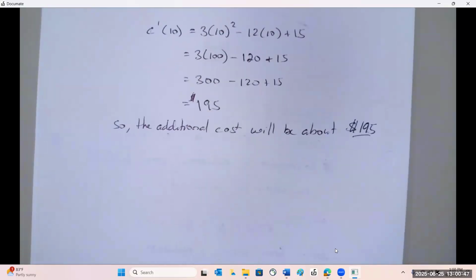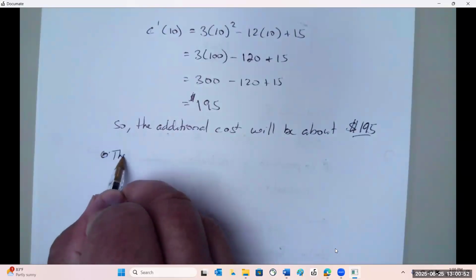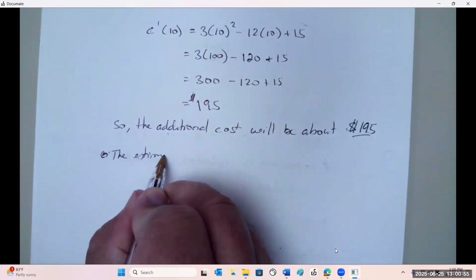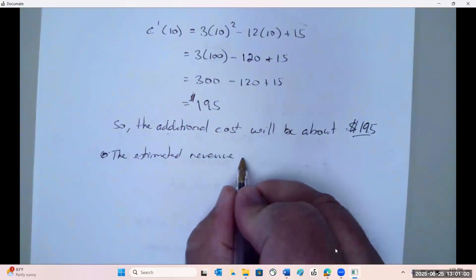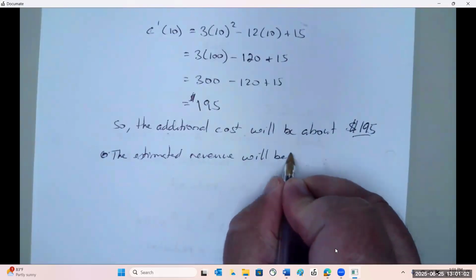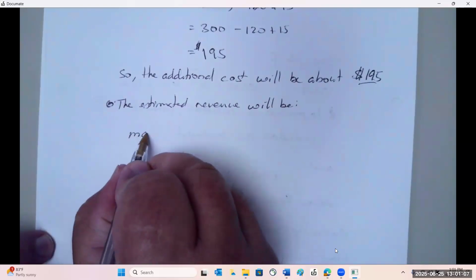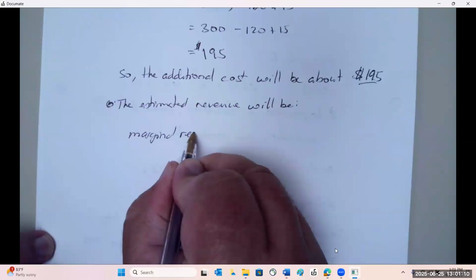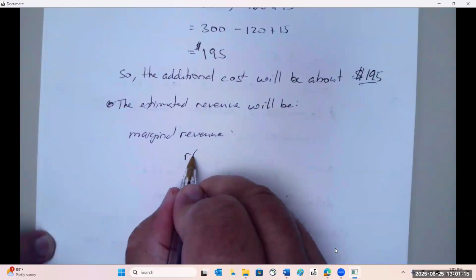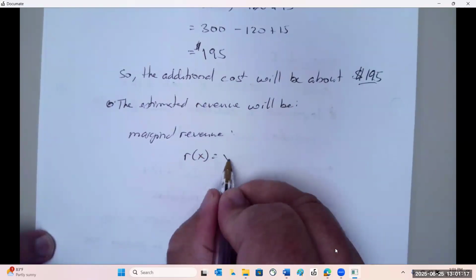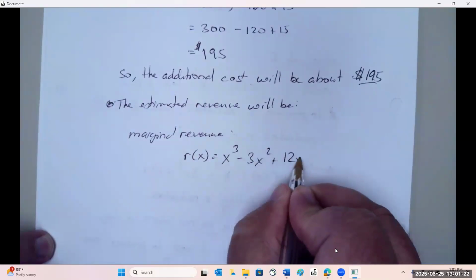So what's our marginal revenue? The estimated revenue will be, if we take the marginal, R of x is x cubed minus 3x squared plus 12x.